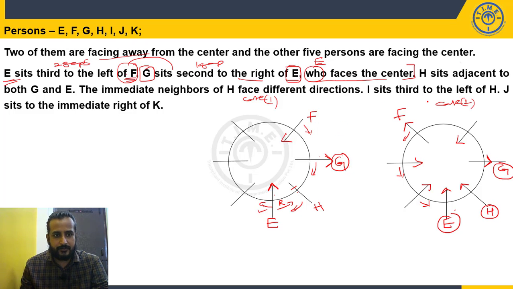I sits third to the left of H. H is here, but we don't know the direction of H in this case. Maybe H is away from the center, maybe H is facing center.